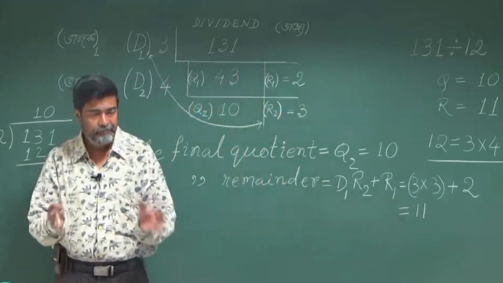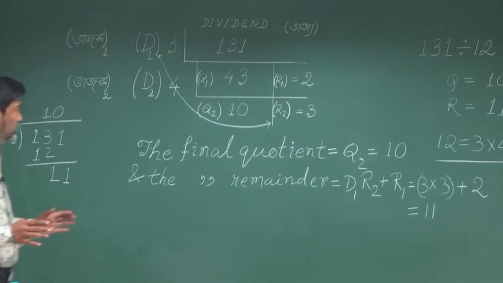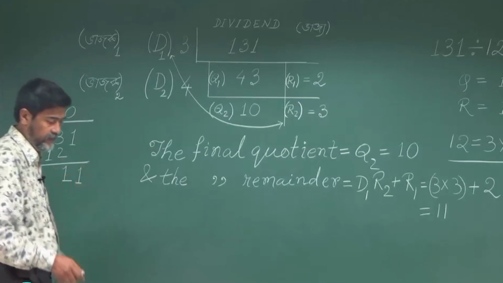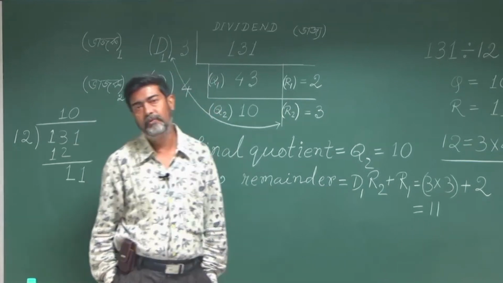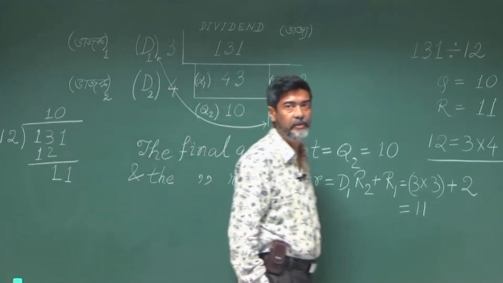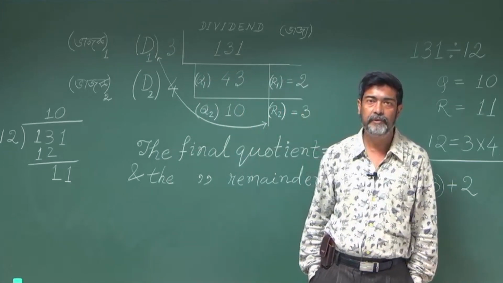So, we have checked the results, and those are correct. So, this process is correct. Now, without remembering the timetable for 12, we can remember the timetables for the two factors 3 and 4, which will be easier to use.